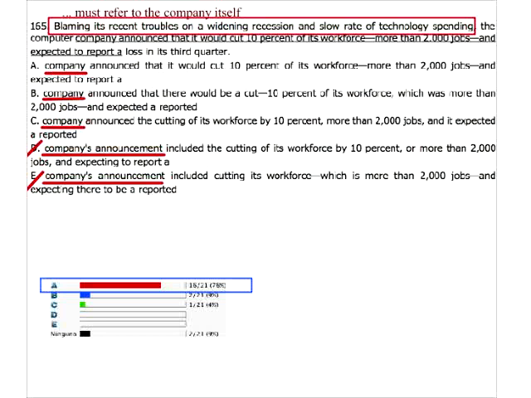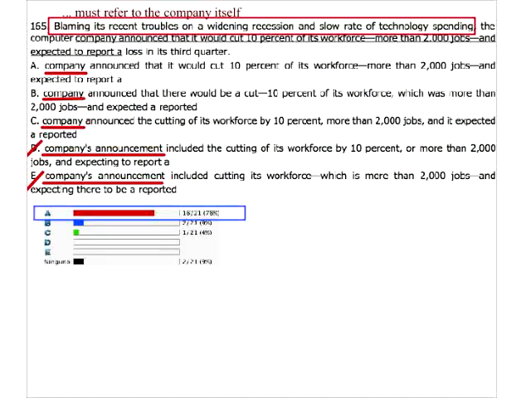Let's quickly go through those three options and take a look at them. Remember that you want to figure out the meaning of the sentence first. The meaning of the sentence here is that the company announced two things. The first thing that it announced was that it would cut 10% of its workforce.